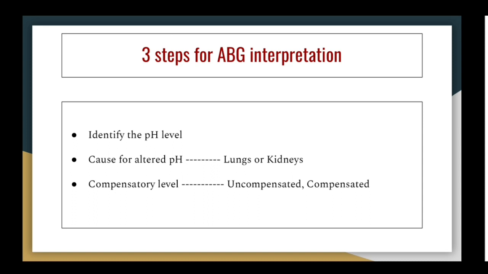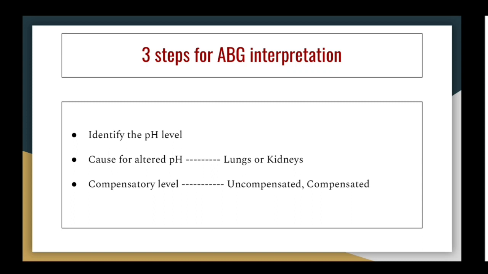Second, you have to find the cause for that altered pH, whether it is the lungs or the kidneys. If it is the lungs, there will be a change in the carbon dioxide level, and if it is the kidney, there will be a change in the HCO3 level. That is the cause for altered pH.